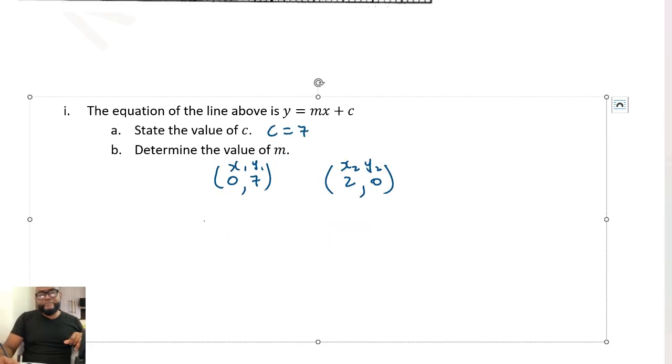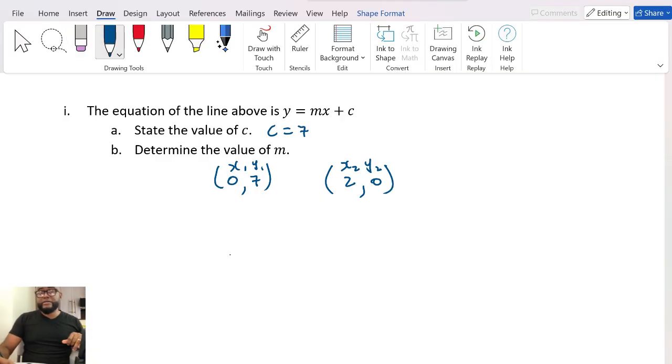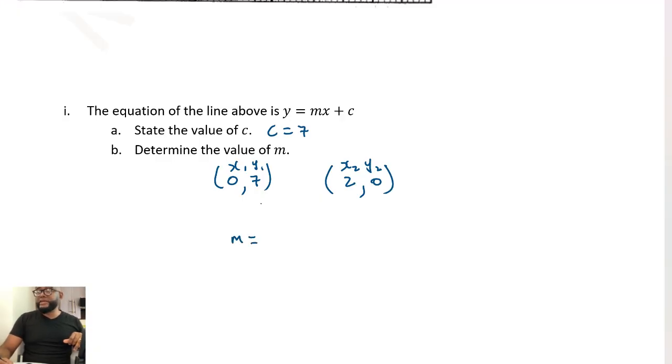Daryl, what's my formula for the gradient? Common M, M is equal to what, Daryl? Gradient. y2 minus y1 over x2 minus x1, right? So it should be now.